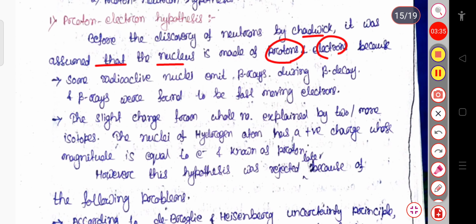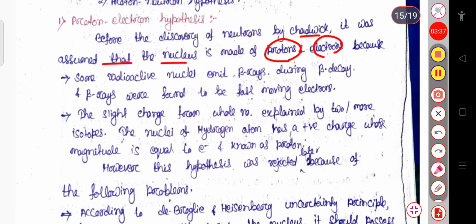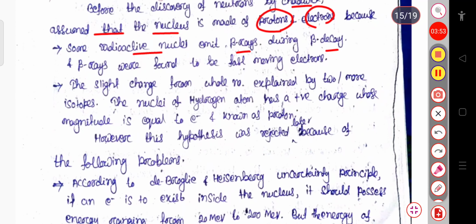It was considered that the nucleus is made up of protons and electrons because some radioactive nuclei emit beta rays during beta decay, and beta rays were found to be fast moving electrons. Since the emission comes from the nucleus, it was considered that the nucleus consists of protons as well as electrons.